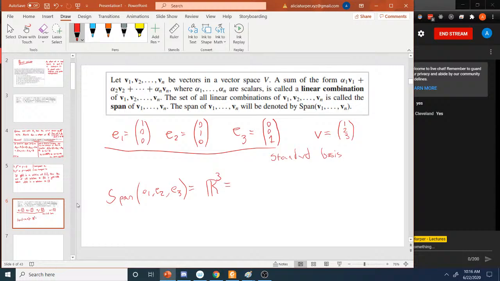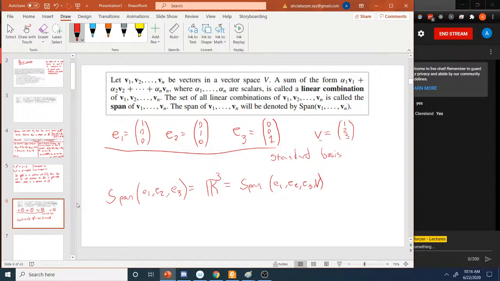Hence, we have that this is equal to the span of e1, e2, e3, as well as the vector v. So in some sense, adding the vector v to this list doesn't give us anything new. But it does tell us one thing, namely that this vector v can actually be expressed in terms of these three vectors.